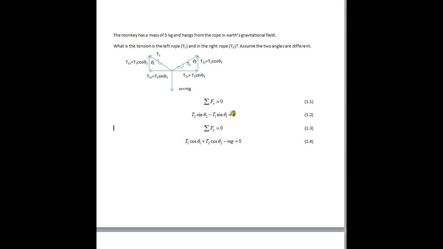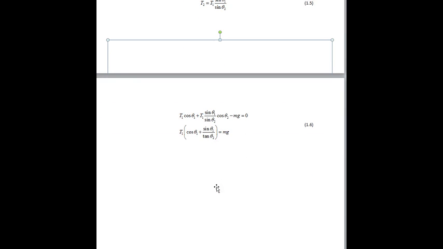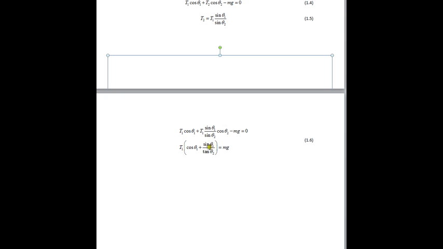So if we solve equation 1.2 for T2, and then we can substitute that into equation 1.4, then we can arrive at an answer. Solve this out for the T1. We take sine theta 2 over cosine theta 2, that's tangent theta 2.